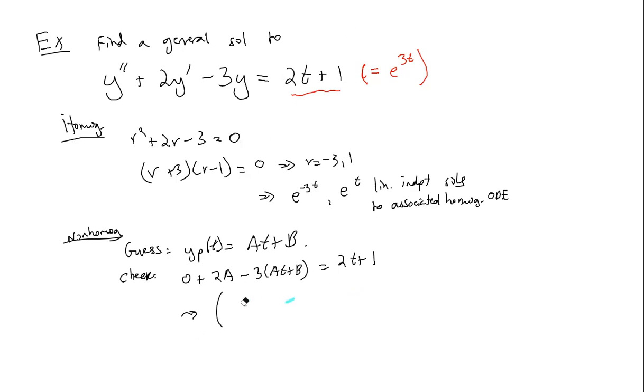Well, let's just not do that. This one's easy enough, right? We can have 2A minus 3B has to equal 1, and minus 3A has to equal 2.